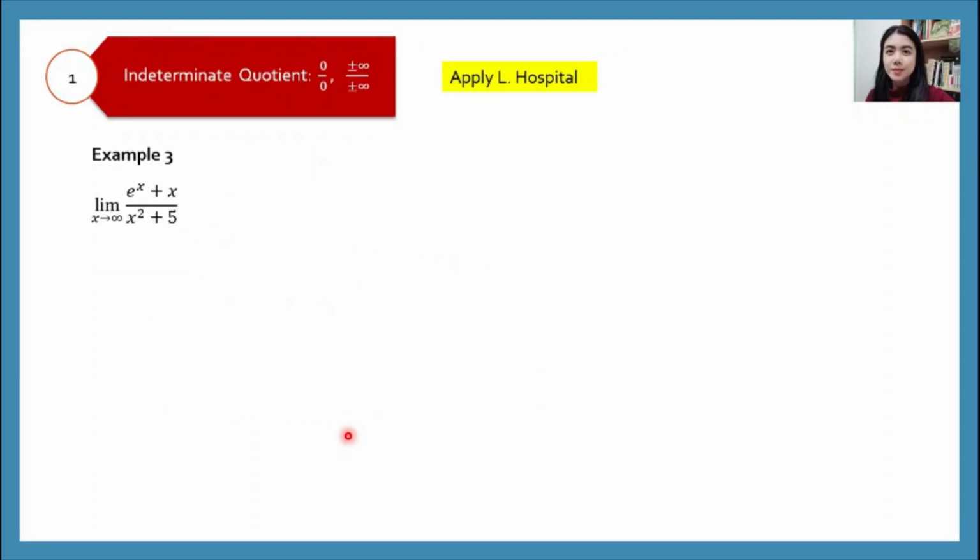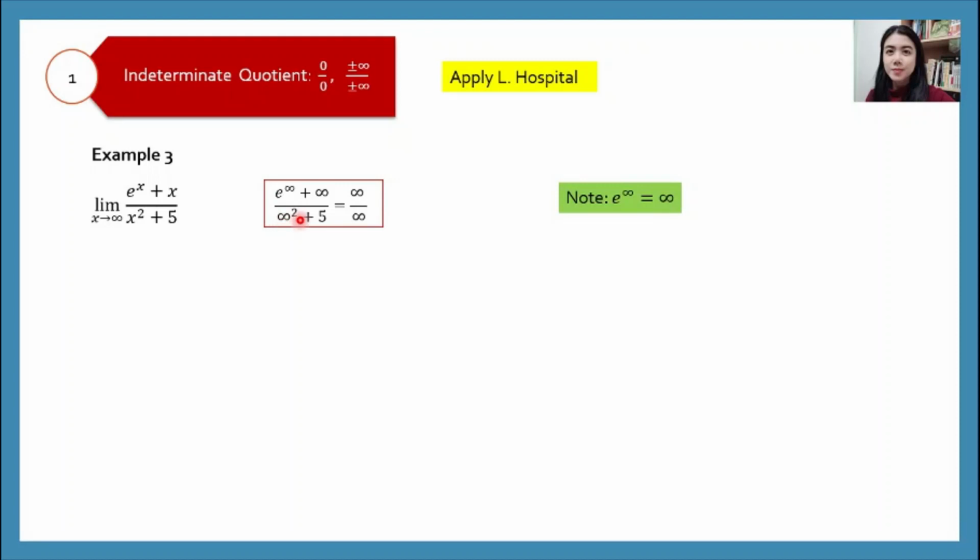So we go for the third example. We have e to the power of x plus x, over x squared plus 5. What happens if you substitute x as infinity in here? You will see that you have a form of infinity over infinity. e power of infinity gives you infinity.